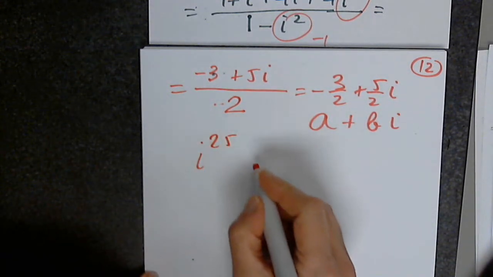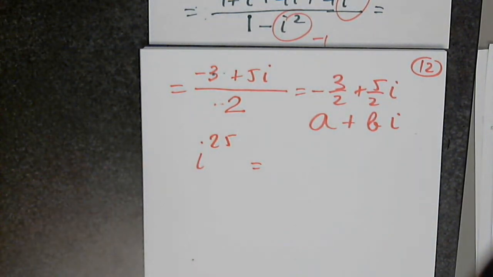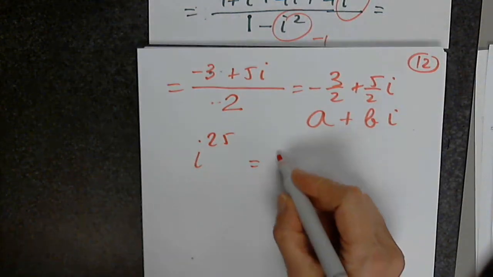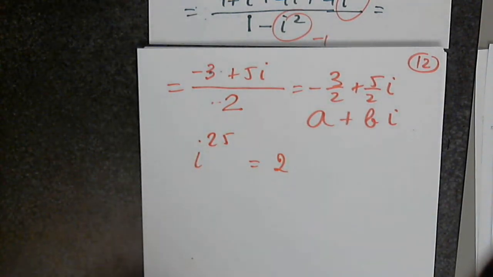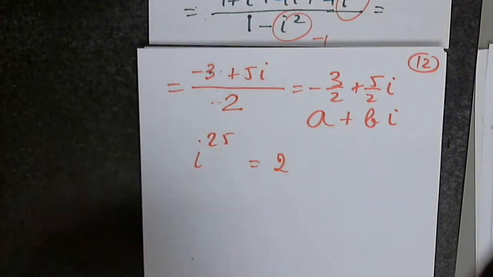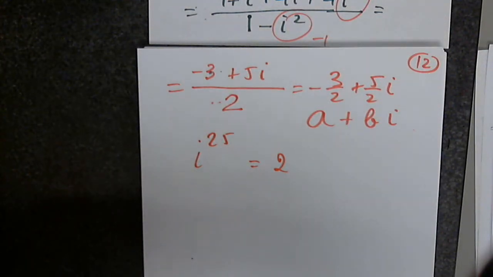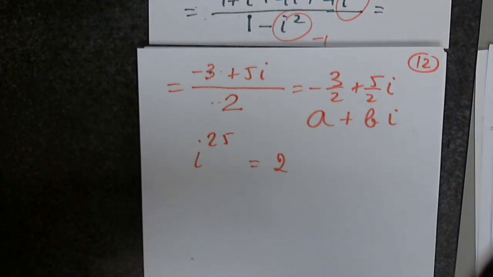25th, very good. Since we only know i squared, we have to split. It's an odd power. So I have to write i to the what?